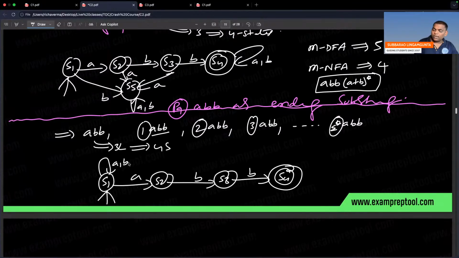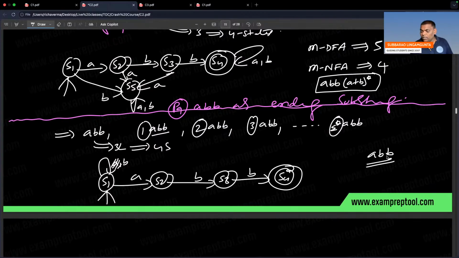S1 on A is already there, so A cannot be written again. Before ABB, anything can come, because ending is ABB. On S1 already A is there, so write only B. Okay, fine. Now everyone listen, ABB is very, very interesting, please understand.